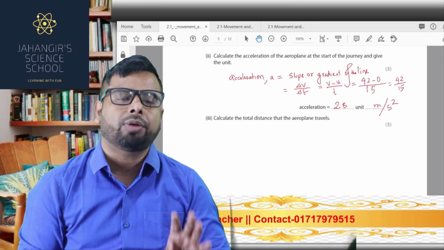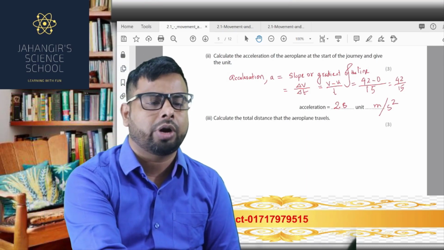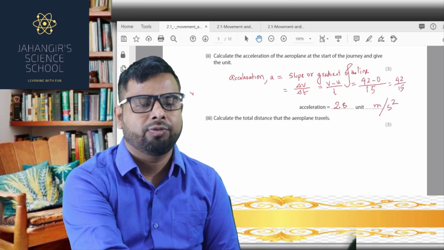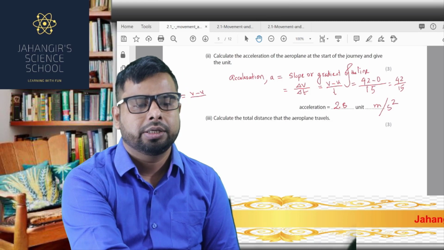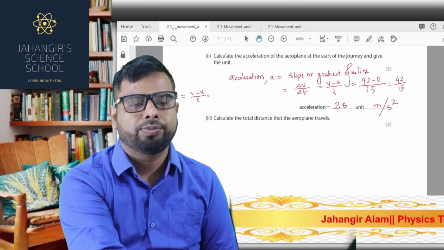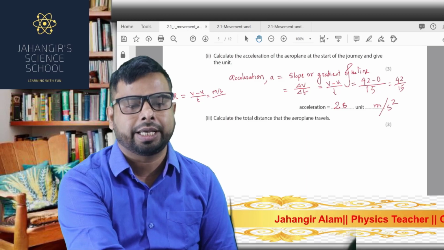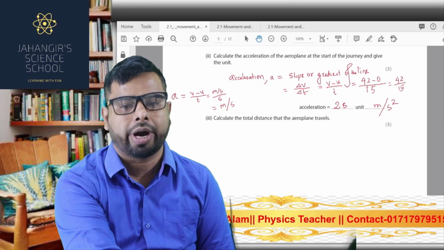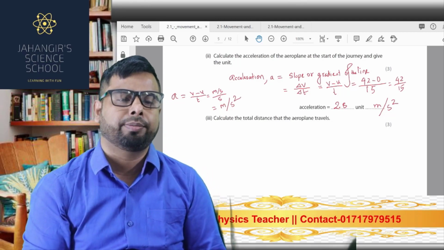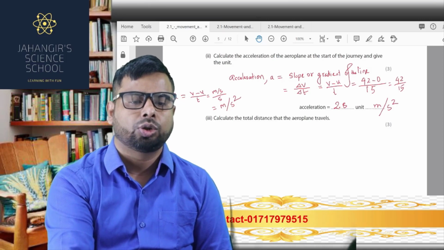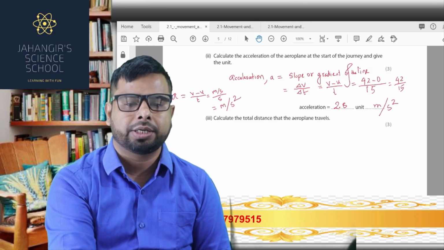Why? Because acceleration equals change in velocity divided by time taken. The unit of velocity is meter per second, and there is another second from the time. That's why the unit of acceleration is meter per second square. Remember, this is very important.